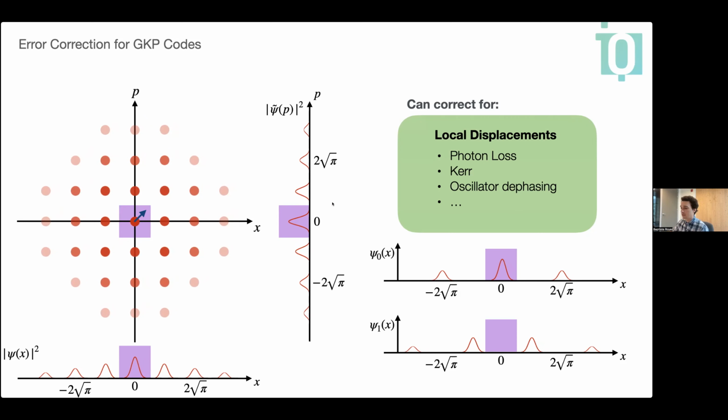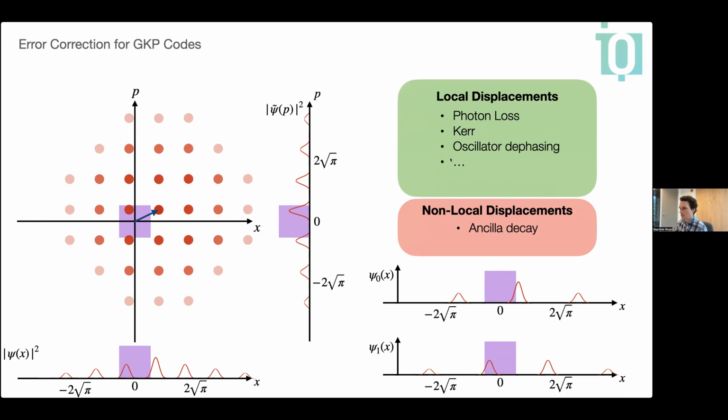So in this case, you can exactly correct. And so this code can correct for photon loss, Kerr, and oscillator dephasing. It's not super great at correcting Kerr and oscillator dephasing, but numerical studies have shown that it's the ideal code to protect against photon loss. Which is surprising because that's not what it was built for, but it turns out that way.